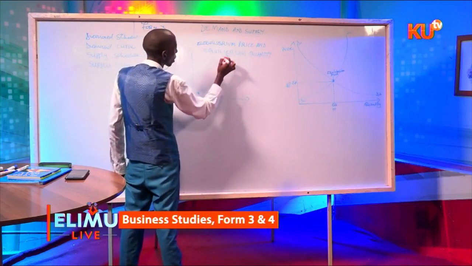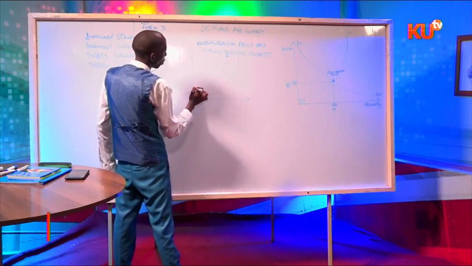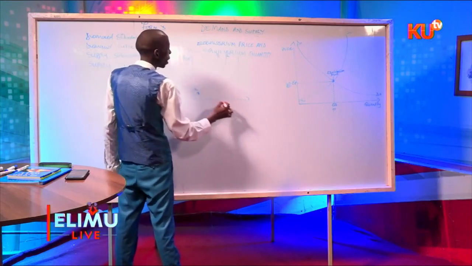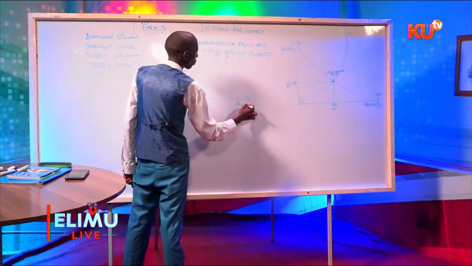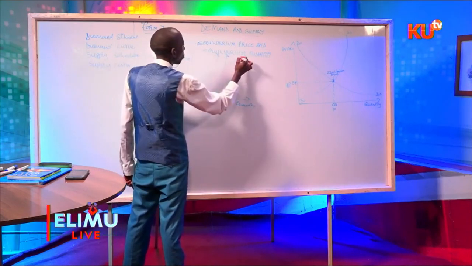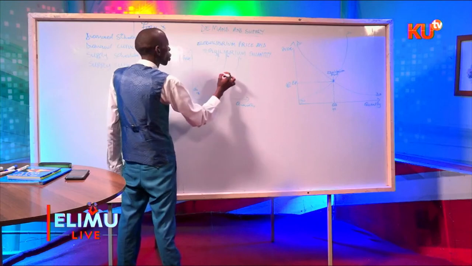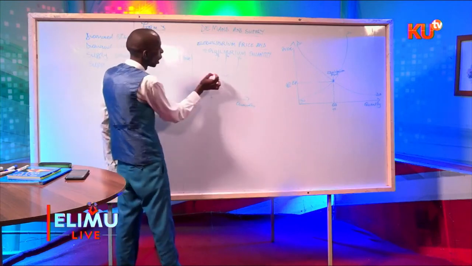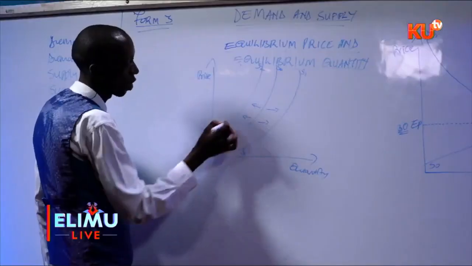Supply 2, supply 2. Price, quantity. Supply 1, supply 1. So, shift in supply curve to the right and shift in supply curve to the left.